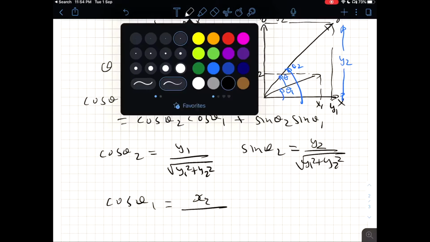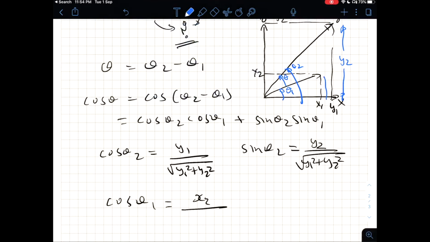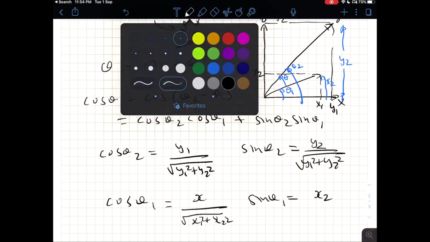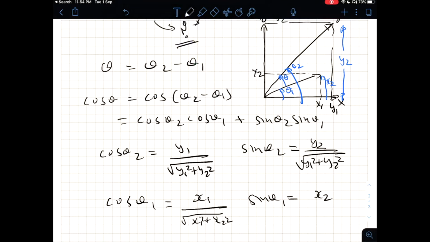Similarly, cos of theta 1 is going to be x1 divided by under root of x1 square plus x2 square, and sine of theta 1 is going to be x2 divided by the hypotenuse, which is under root of x1 square plus x2 square.